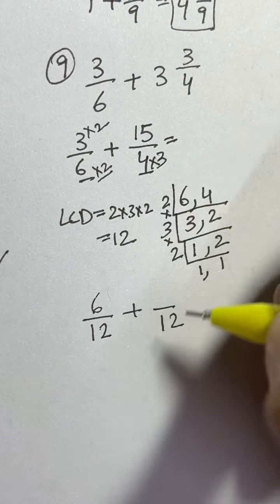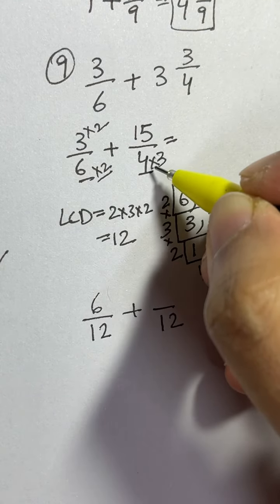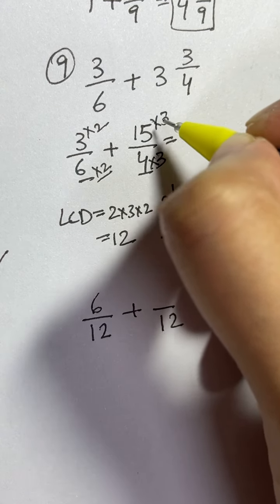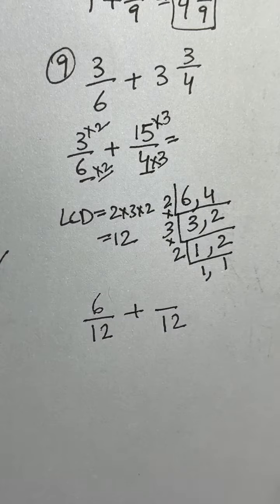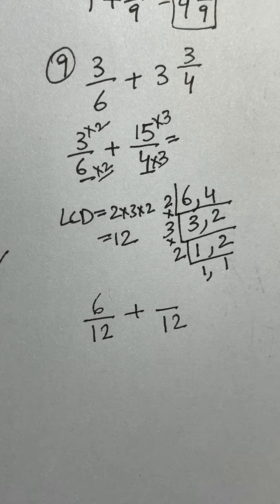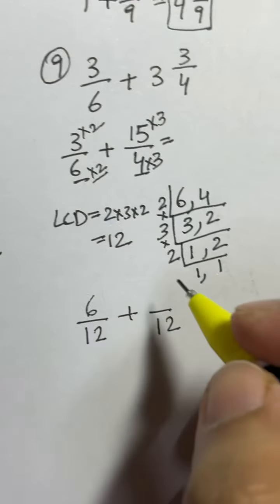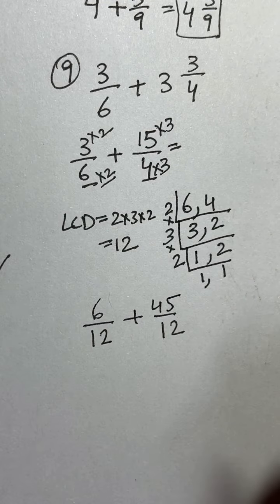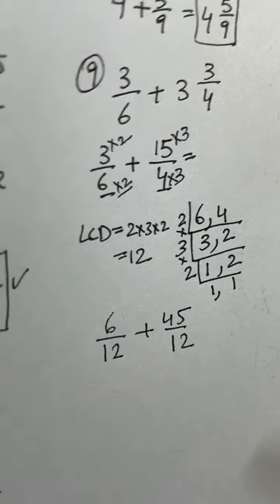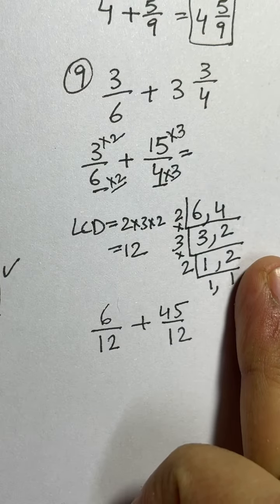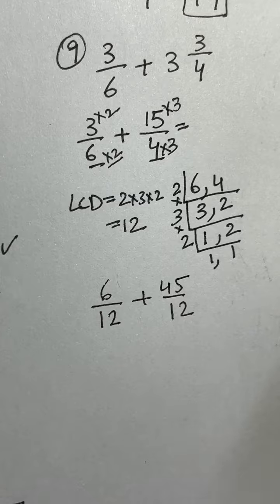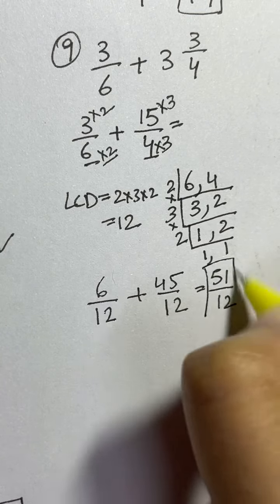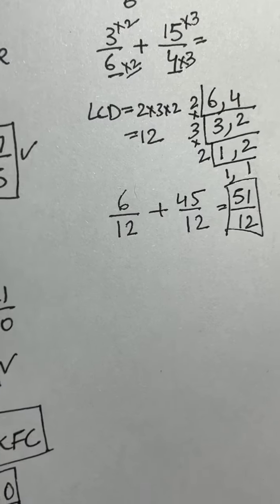You changed 4 to 12 by multiplying it with 3, so the same thing you have to multiply with the numerator. 15 times 3 is how much? 45. So what do you have now? 6 plus 45 over 12 gives you 51 over 12. Done. That's your answer.